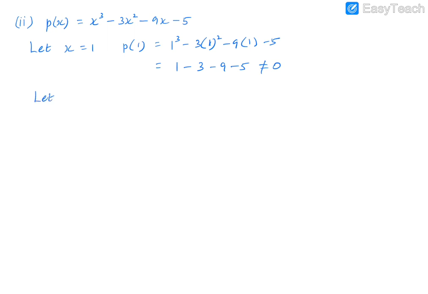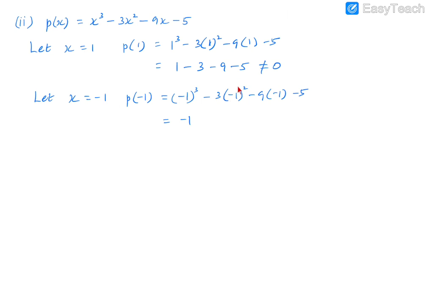Generally we start with 1, and if 1 does not work, then try minus 1, then 2, then minus 2, and so on. So now let's try x equals minus 1 and find p of minus 1. In this case, we'll have minus 1 cubed minus 3 into minus 1 square minus 9 into minus 1 minus 5. Minus 1 cubed is minus 1.